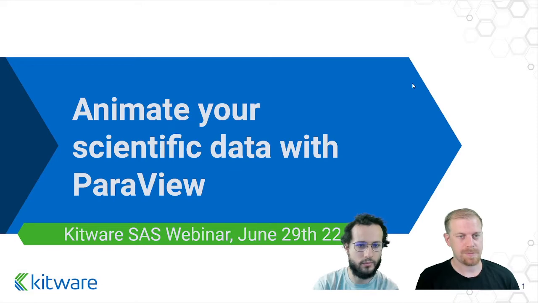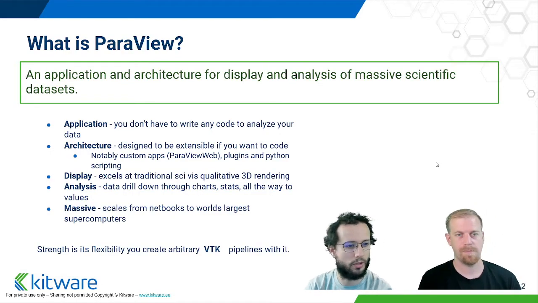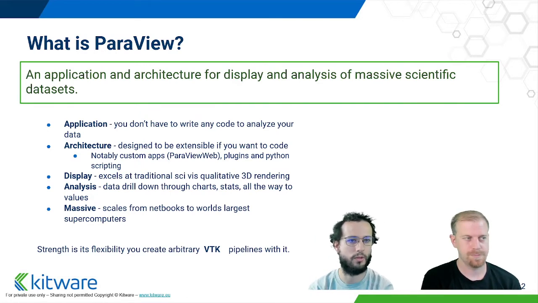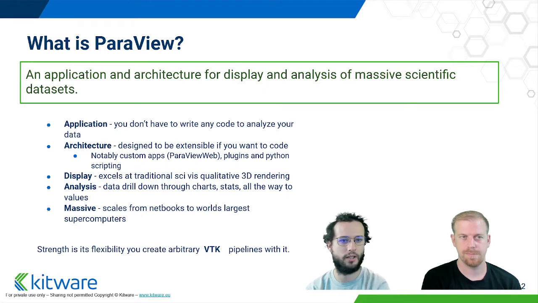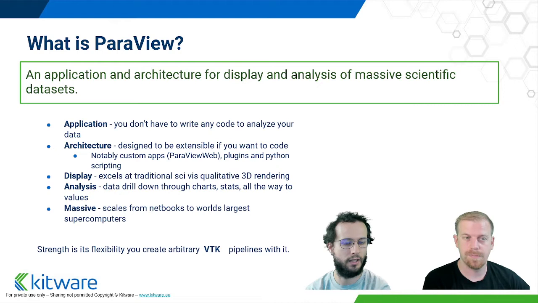Okay, fine. So first, a quick word about the context, and just to remember about ParaView. ParaView is an application and architecture for display and analysis of massive scientific data sets. It means that it's an application, so you have a graphical interface, you have buttons to click to do some analysis for scientific data.